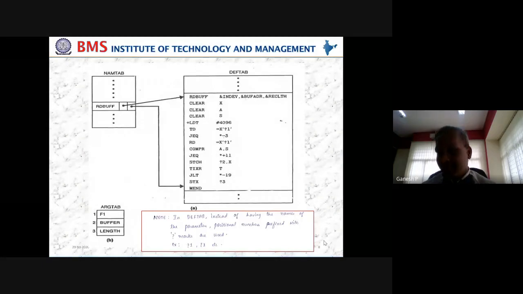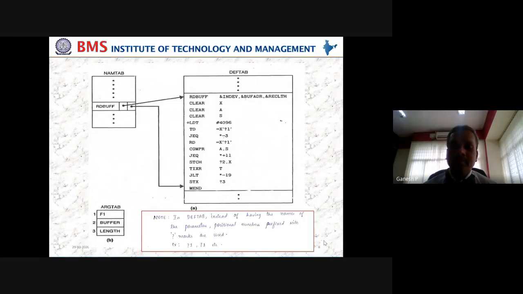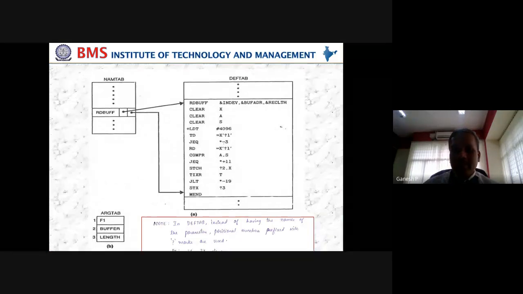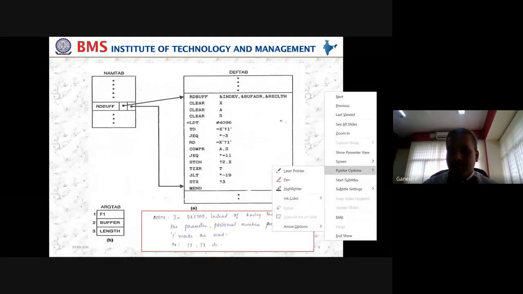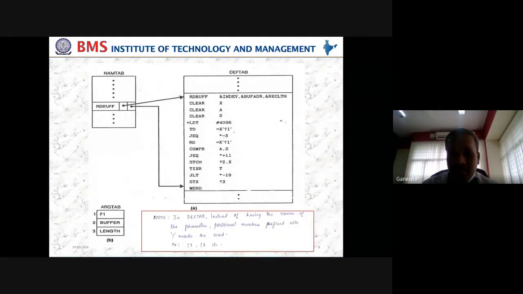Like that, a sequential number will be provided to each formal parameter, so that in the body of the macro, instead of using the name of the parameter, we will be using only the number. So instead of INDEV, since it is the first parameter, you can see that the system has used the (1).